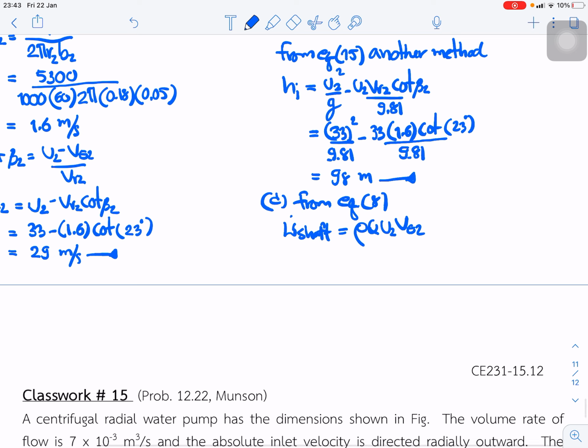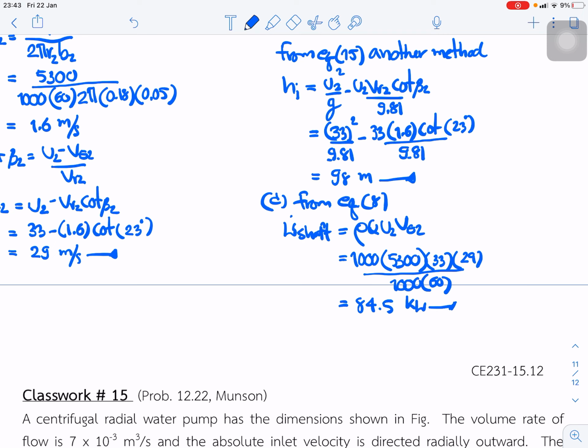Okay, we just substitute rho is 1000, Q is 1,300 converted, u2 is 33, and v theta 2 is about 29. That gives about 84.5 kilowatts for the power.